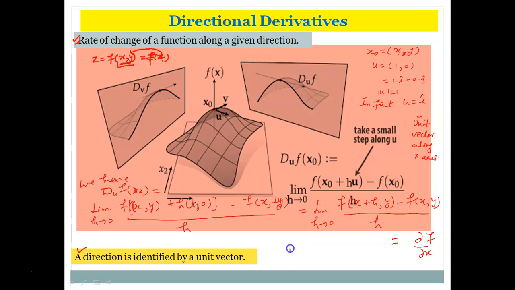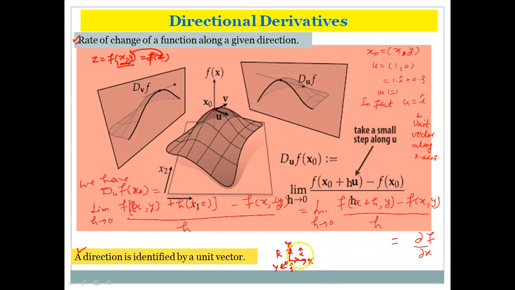For example, when we have a three-dimensional coordinate system, that is x-axis, y-axis, and z-axis, the unit vector in direction of x-axis is i cap, in direction of y-axis is j cap, and in direction of z-axis is k cap.